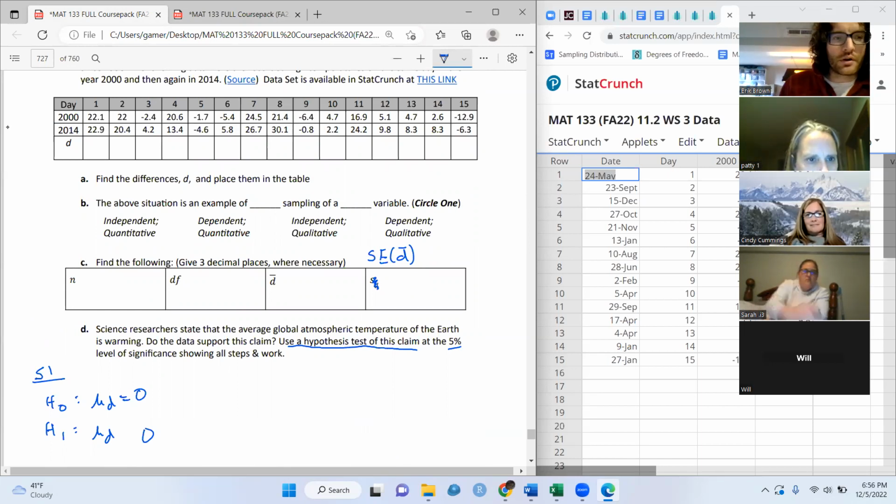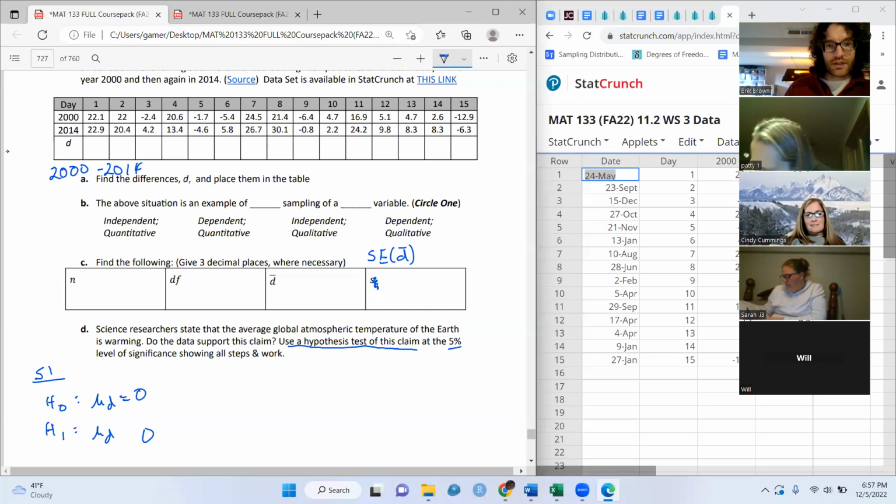We always do it vertically, the way we set this up. So I'm going to write it out horizontally because that's kind of how we think about it here. It's always like, why is it that way? So we're going to do the 2000 minus the 2014. Okay. The claim is that the global atmospheric temperature of the Earth is warming.